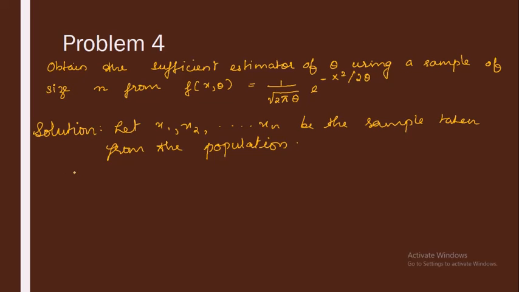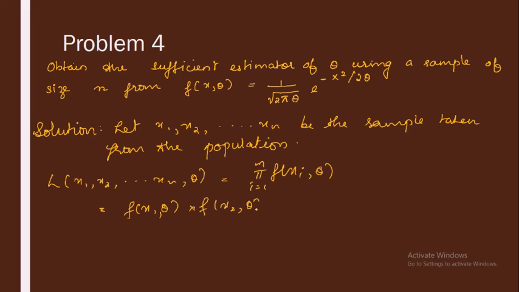Now the likelihood function is given as L of x1, x2, etc., xn, comma theta. So what is your likelihood function? Usually you will write it as what? Product of f of xi, theta, right? Now this is equal to f of x1, theta, f of x2, theta, f of xn, theta.